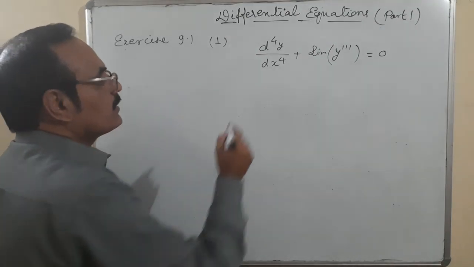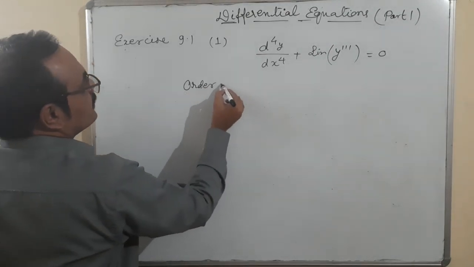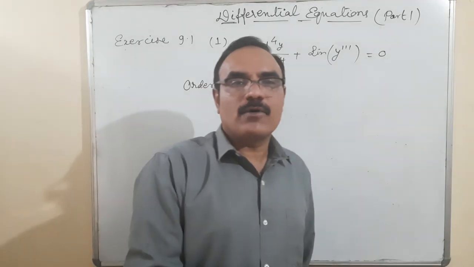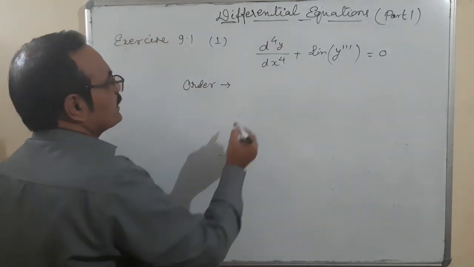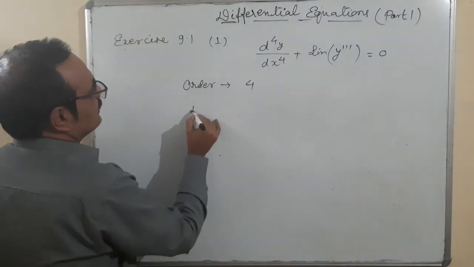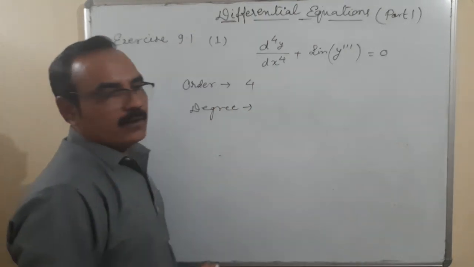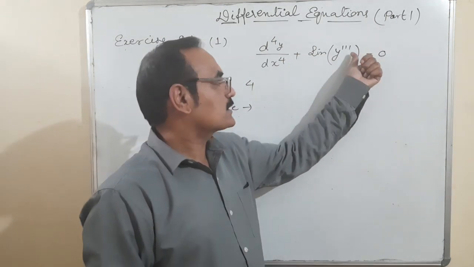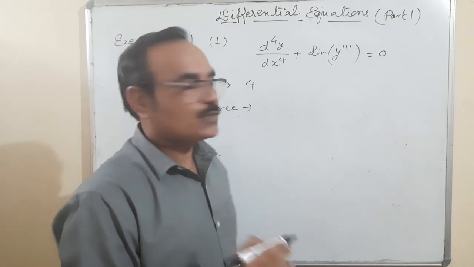Okay, order. What is the order? The highest order derivative. What is the highest order of the derivative? 4. So order is 4. Degree. What is the degree? The derivative is coming inside the sine, so it is the angle of sine. So what to write here?